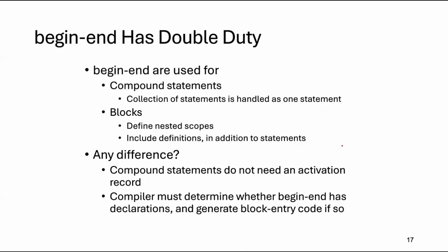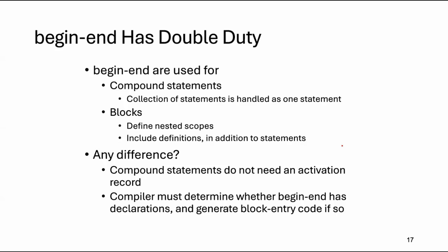So what is the difference between when the begin and end are used for a compound statement, and when they are used for blocks? Remember, in compound statements, you cannot have definitions. When the begin and end are used within a block, you can have nested scopes, and you can have definitions. You can define new variables. You cannot do that in compound statements.